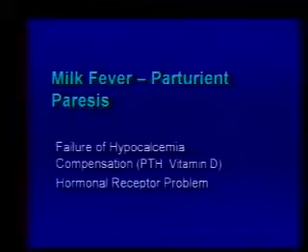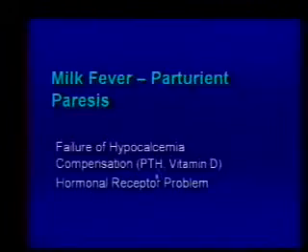There is a tremendous amount of calcium that is lost from circulation into the udder as the cow is making colostrum, as she's manufacturing colostrum. So consequently, a hypocalcemia occurs in these animals, and there is a failure of the hypocalcemia compensatory mechanisms to take over. Basically the parathyroid hormone and vitamin D.